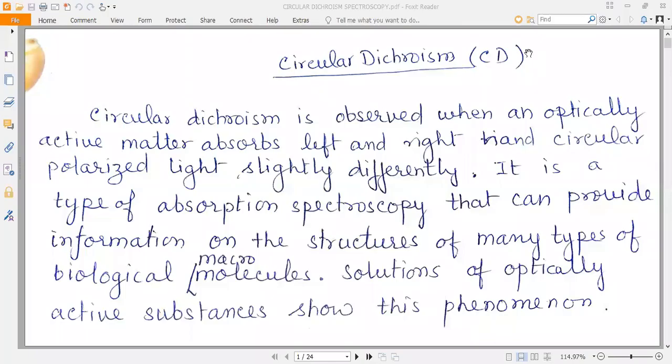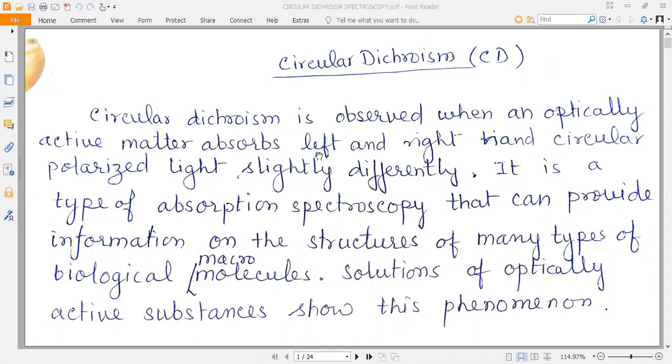Circular dichroism or CD spectroscopy. Circular dichroism is observed when optically active matter like proteins and carbohydrates absorb left and right hand circular polarized light slightly differently.